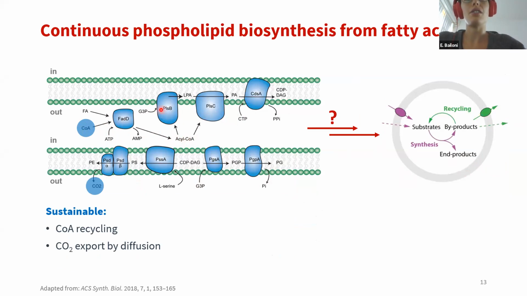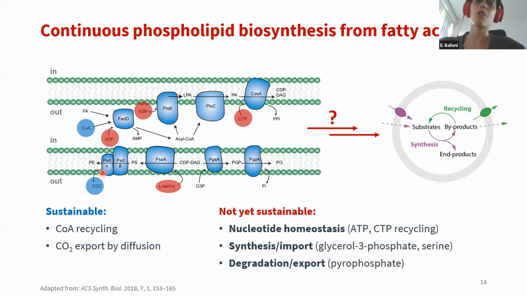Once acyl-CoA is used up, the CoA is released. So CoA is recycled by the pathway. And similarly, carbon dioxide, a byproduct that is formed in phosphatidyl ethanolamine formation, is released by passive diffusion to the membrane bilayer.